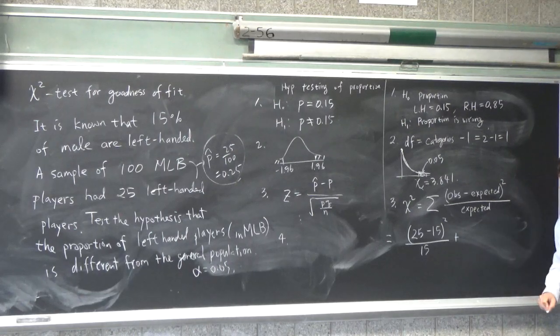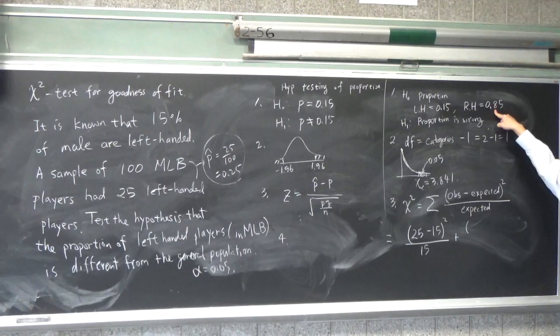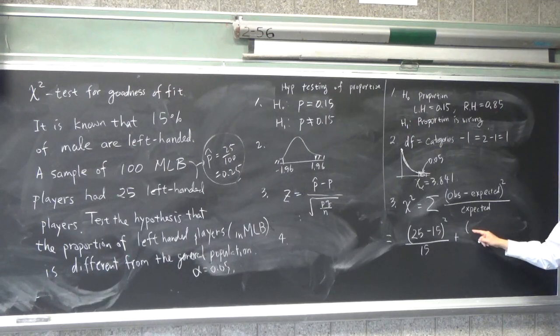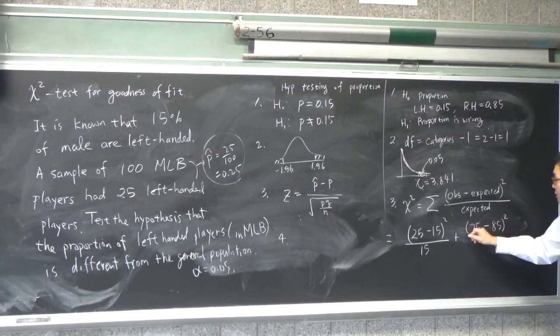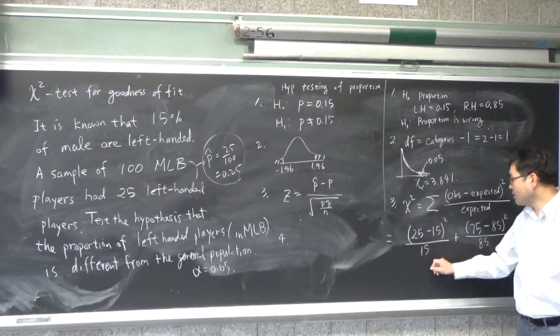Plus, now let's go to the right-handed category. What's the observed? 75 were right-handed. What was the expected? 85. So 75 minus 85 squared, and you divide it by 85.